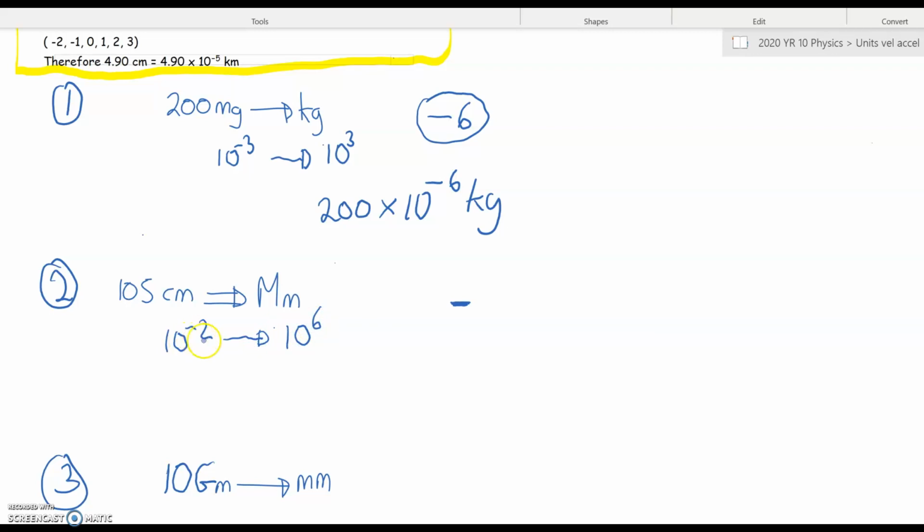Now the exponential difference from minus 2 to 6 is 8. So I'm going to have a negative 8. Therefore, 105 centimeters would be 105 times 10 to the power of minus 8 megameters.